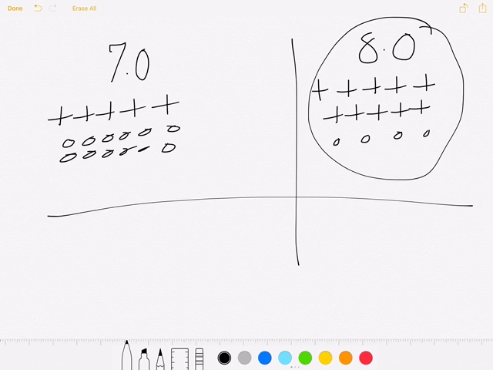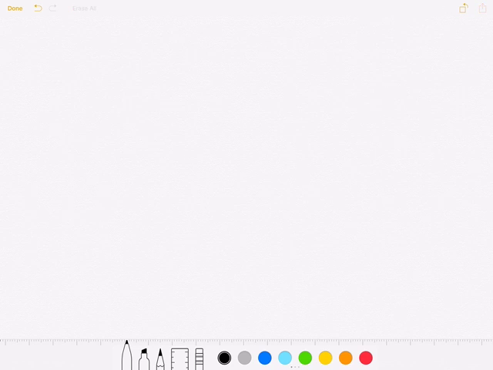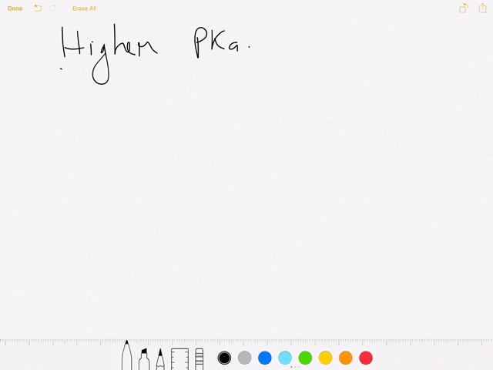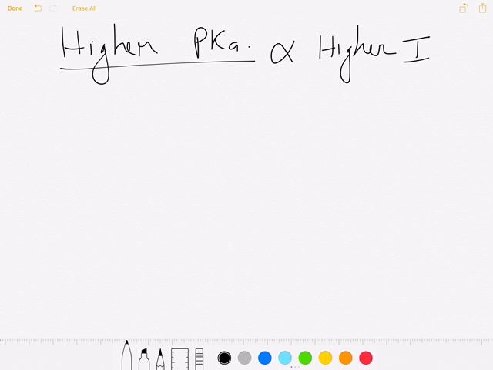So effectively, higher pKa results in a higher ionized fraction of a drug, and the more ionized the drug is, the less it crosses the lipid membrane.